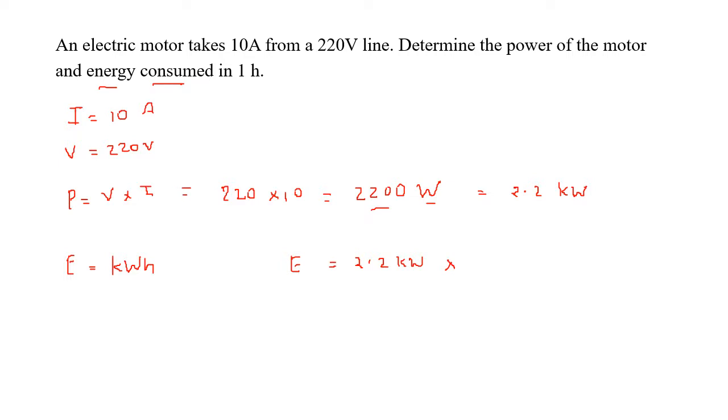It is given 1 hour, so you just keep it 1 hour. So it becomes 2.2 kilowatt hour. Now kilowatt hour is the unit of electrical energy. So 2.2 electrical units of energy is consumed. This is the total energy consumption.